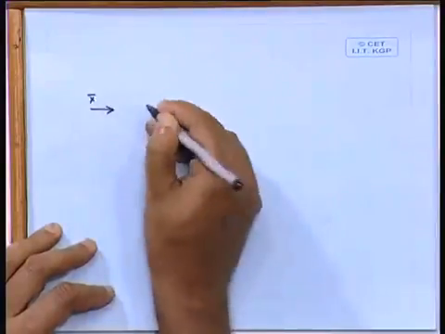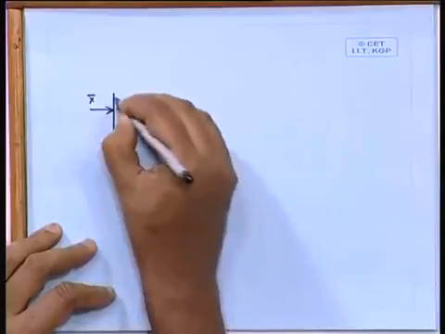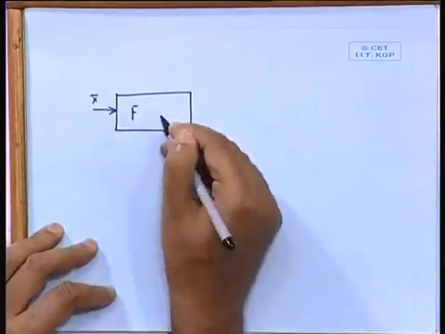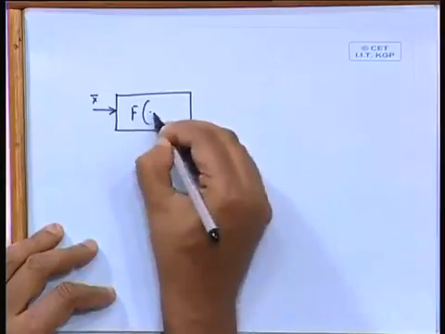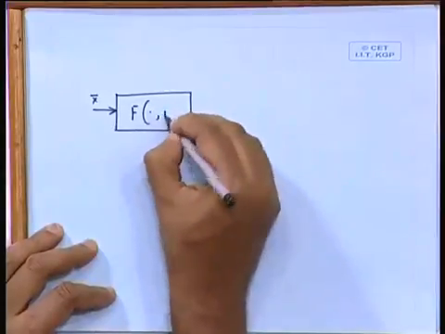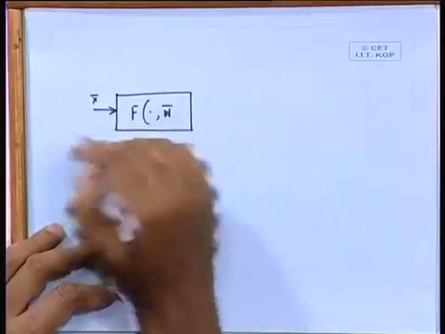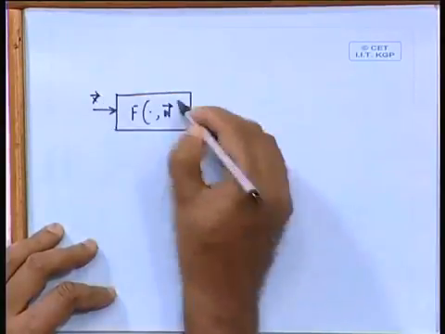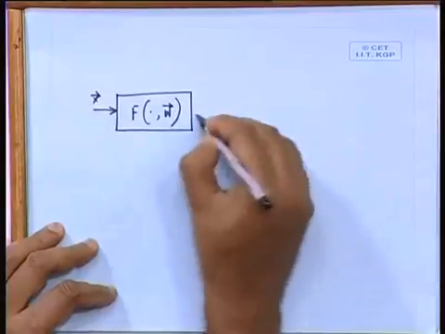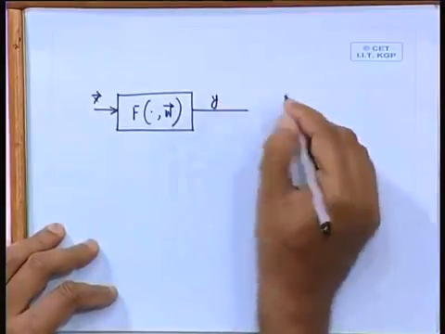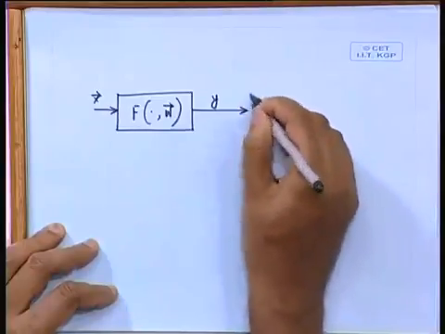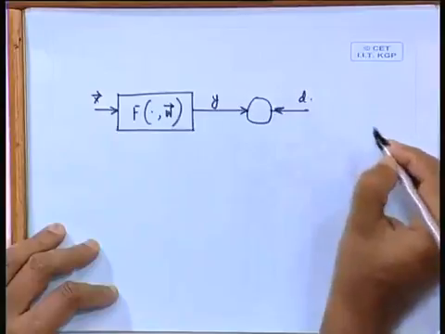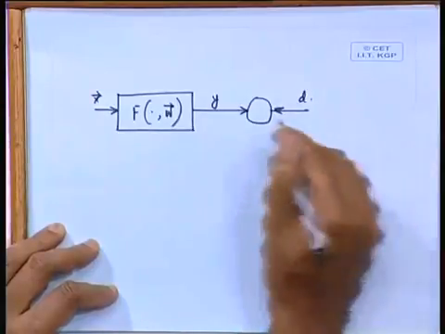Here too the input will be the x vector, then the neural network function f of x and w, and y is the actual output, and d is the desired output.